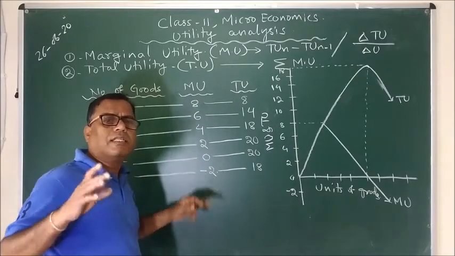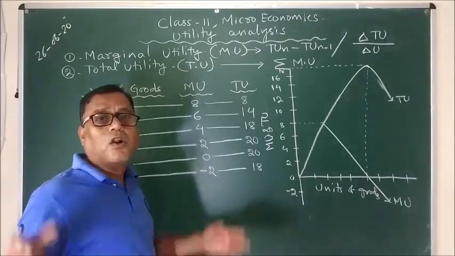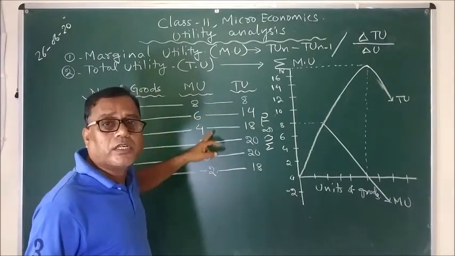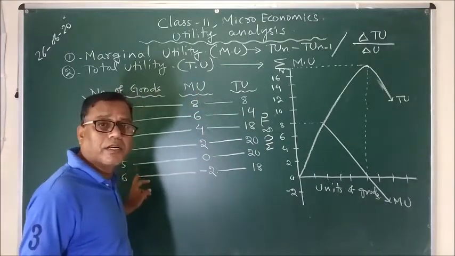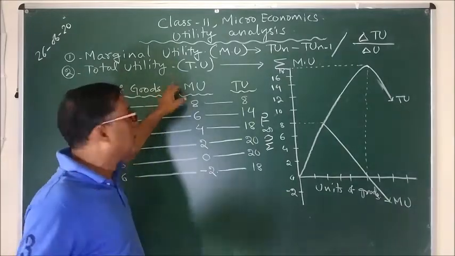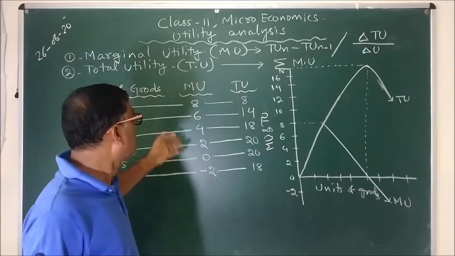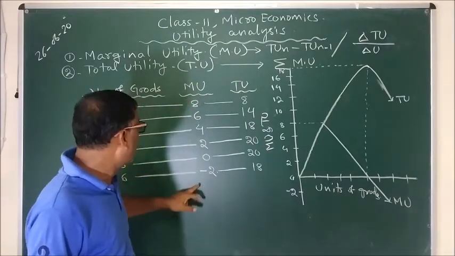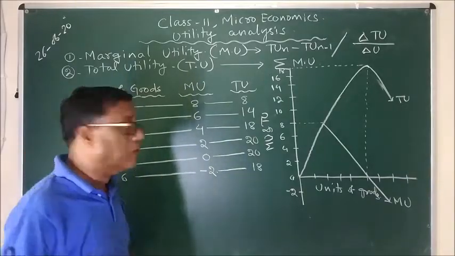That is, of course, yet another subject, the law of diminishing marginal utility. Why marginal utility goes on diminishing as we continue our consumption of a particular good, we will be discussing just after this point. So we notice that the marginal utility is falling. So what is marginal utility?